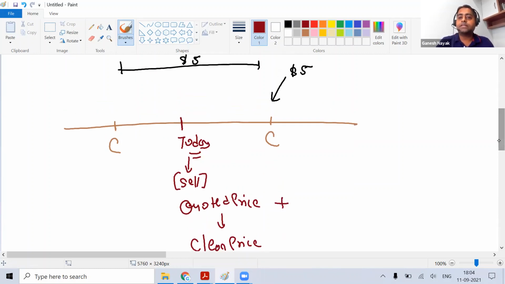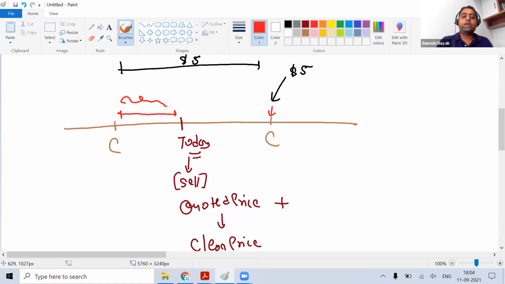Now, what is an accrued interest in this concept? Think logically, you have been holding this bond from here till here. So you have taken the risk by holding the bond, but since you're selling in between, you will not get the coupon, because the coupon is going to be given only on this date. So primarily you should be compensated for this time that you have held the bond.